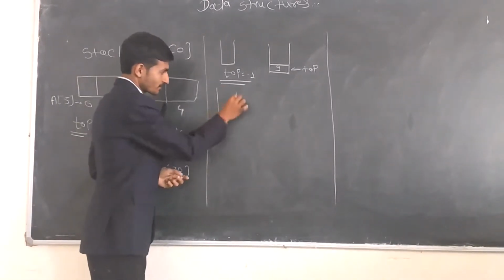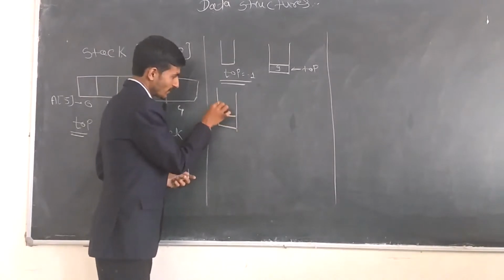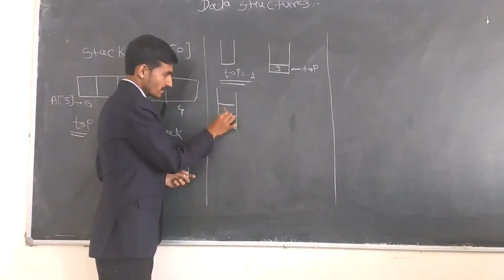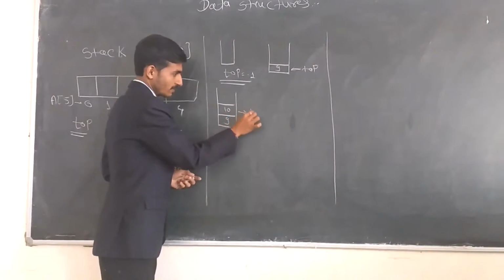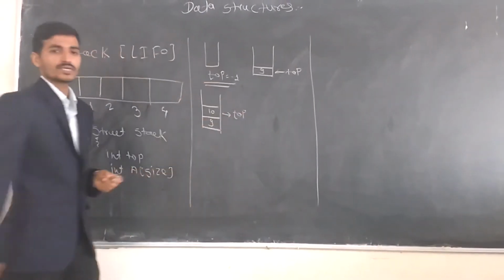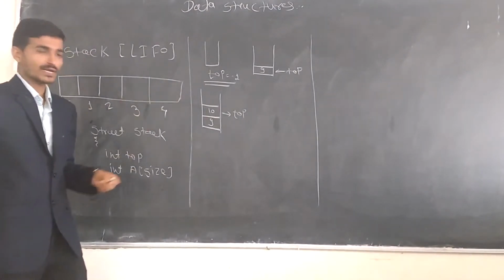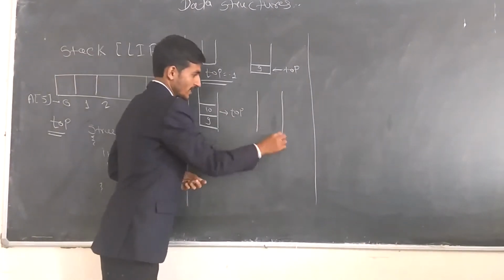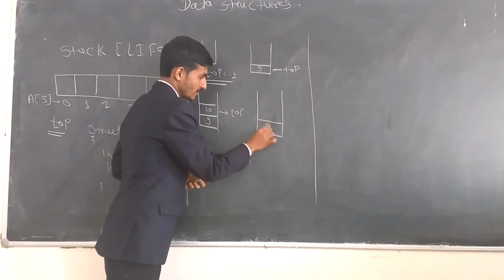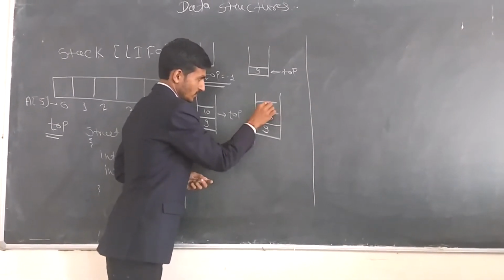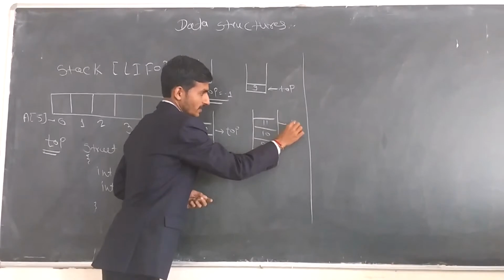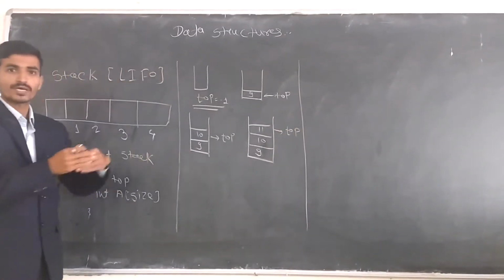Then again, if I add one more element in the stack, top will increment by 1. Likewise, top will increment every time we insert an element. So sequentially we can add elements in a stack, and top will increment 1 by 1.